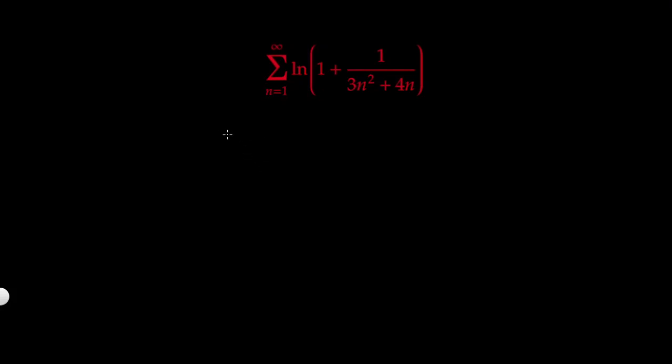Well, in general, if I want to solve a sum with ln's, it would be nice if I have something like ln of n minus ln of, let's say, n minus 1. Why is that? Because this is just multiplication. It's just recursive, and everything will cancel out.